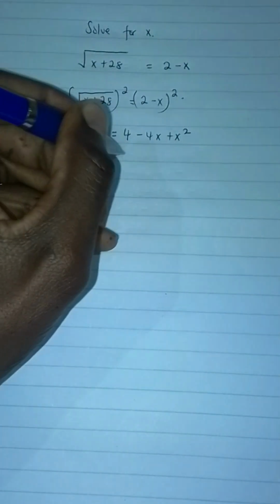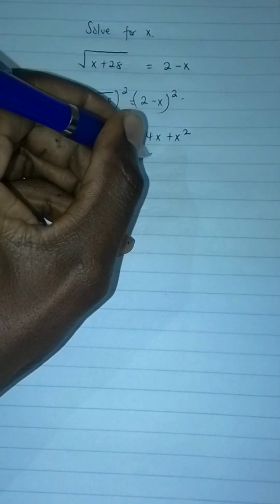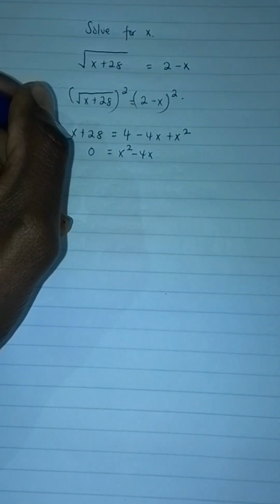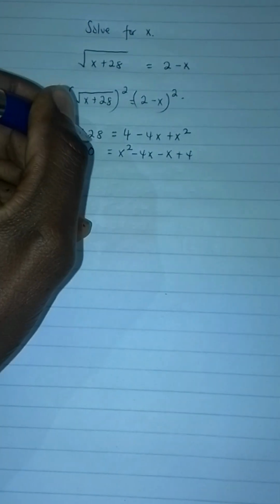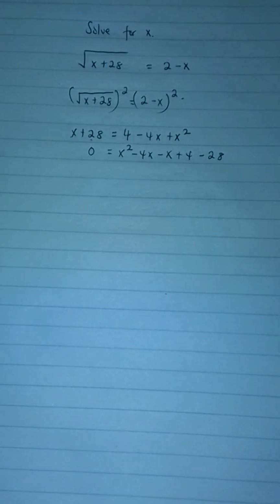So from here, let us take everything to that side. It means we are going to be left with 0 is equal to, I'm going to start with x squared here, then minus 4x, then if I take x to that side it's going to be minus x, then plus 4, then if I take 28 to the side it's going to be minus 28.